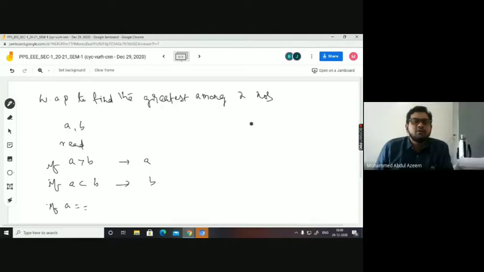If a equal to b, then you say both are equal. So you can have multiple conditions. Fine. So you can add these 3 conditions and write a program to find the greatest among two numbers, right?